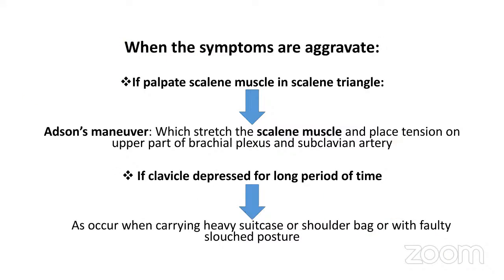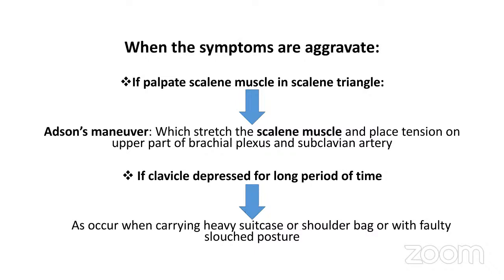Okay. Now, when are symptoms aggravated? If we palpate the scalene muscle in the scalene triangle, the symptoms may aggravate. Then Adson's maneuver. What happens in Adson's maneuver? When we stretch the scalene muscle, it places tension on the upper part of the brachial plexus and subclavian artery.